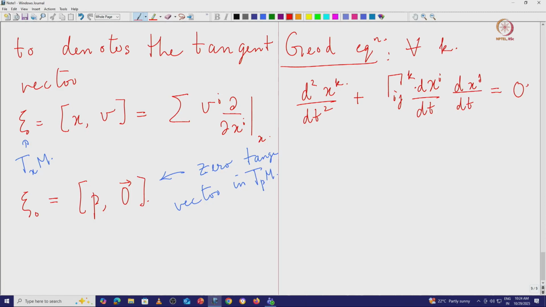Okay, so of course you are summing over the repeated indices i and j. But now I want to reduce this to a first order equation. So, reduce to first order.